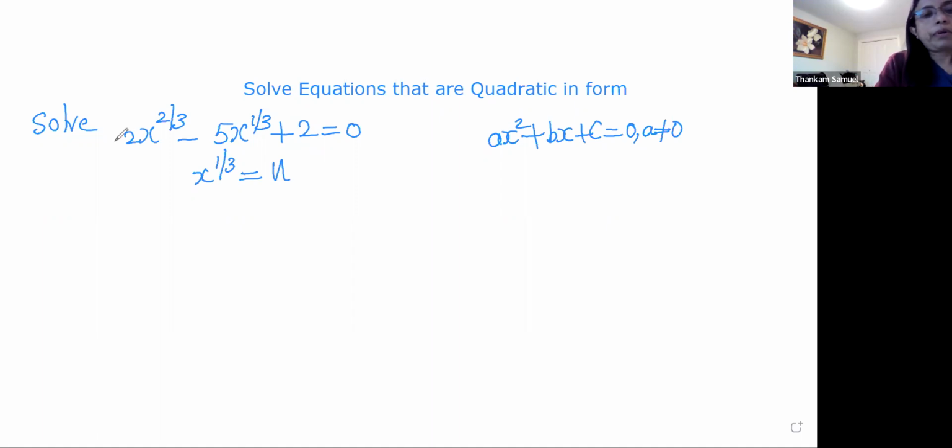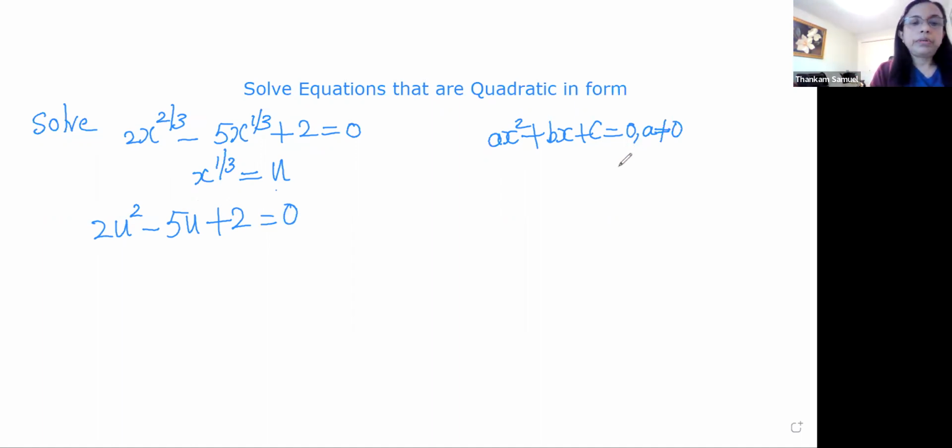So then you can rewrite this equation as 2u² minus 5u plus 2 equals 0. So this is of the form ax² plus bx plus c equals 0. You can see that the left side of the equation is a trinomial. You can use different methods to find the factors of this trinomial.